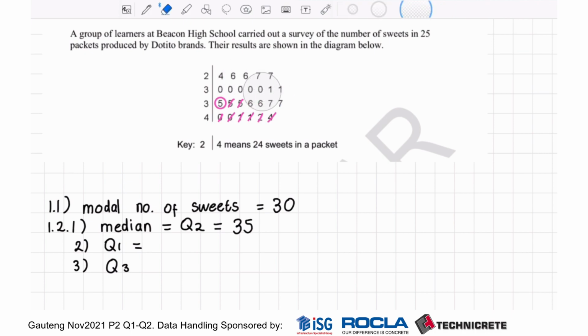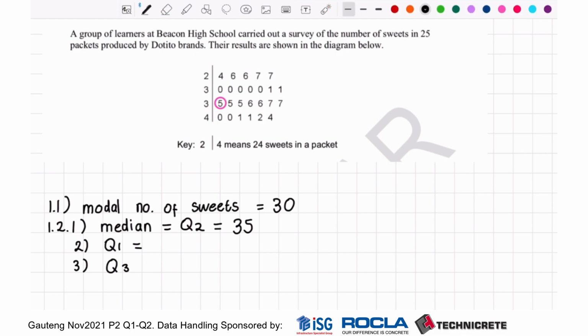And then from my median, I'm going to find the halfway in between the upper half of the data. So the halfway in between these numbers is going to give me my upper quartile, Q3, and the halfway in between the lower numbers, these numbers here, is going to give me my lower quartile, which is the Q1.